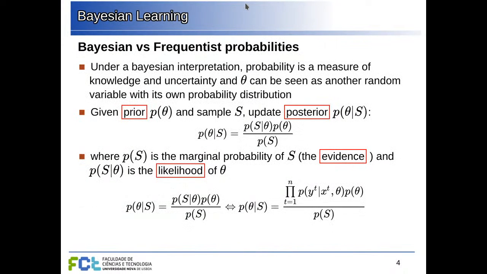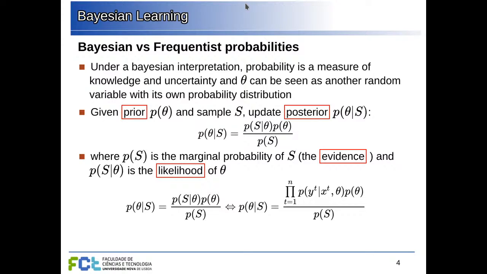A Bayesian interpretation is different. Unlike a frequentist interpretation, the Bayesian interpretation of probabilities does not assume any metaphysics about the universe. It does not assume that things may be random or not random or things like that. The idea is that we are considering probabilities to be an expression of uncertainty about something.